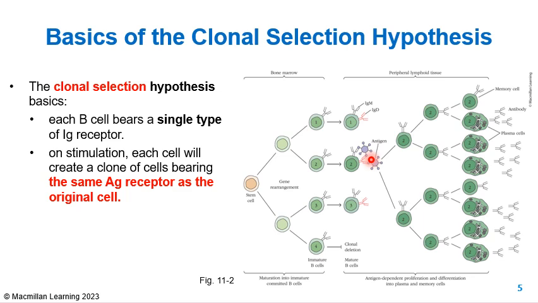So when the antigen for a particular B cell shows up, that will signal the B cell to start proliferating, right? This proliferation is what is called your clonal selection.